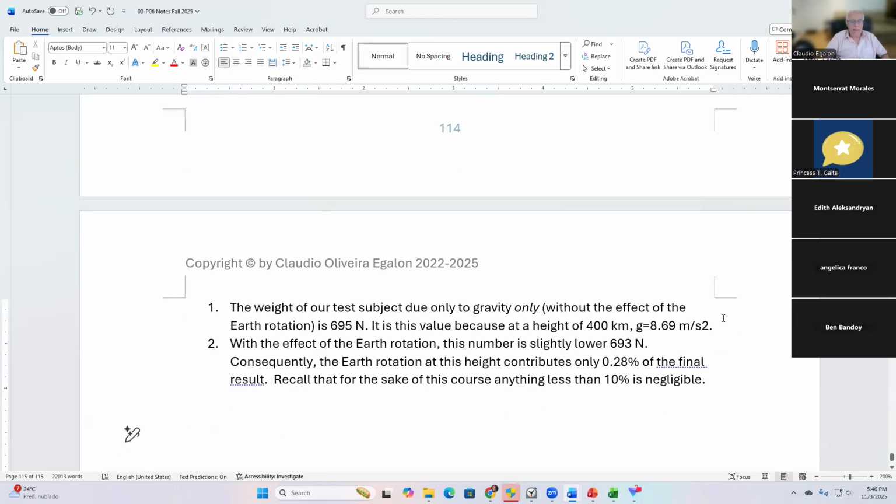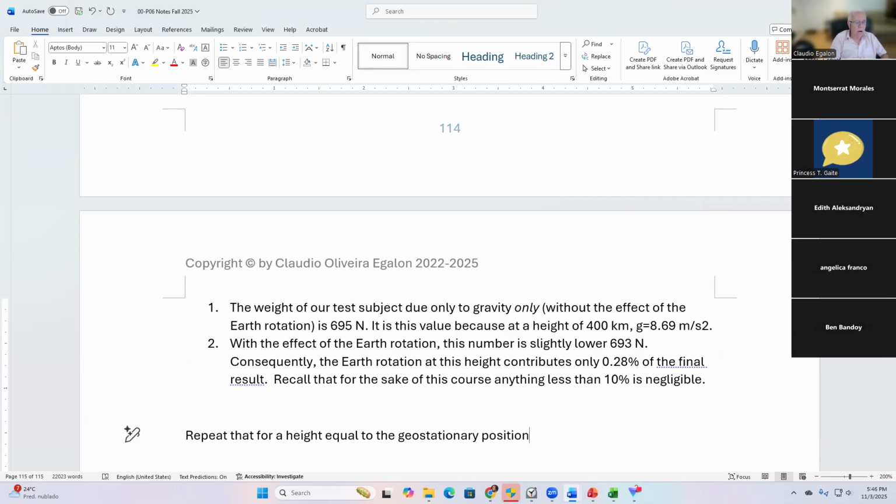Okay? Then you have to repeat that for a height equal to the geostationary position.